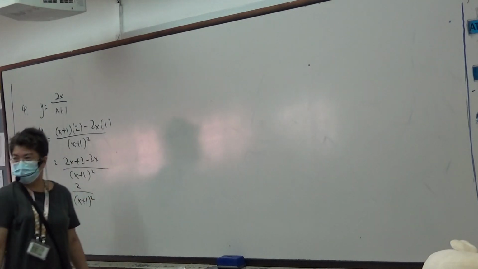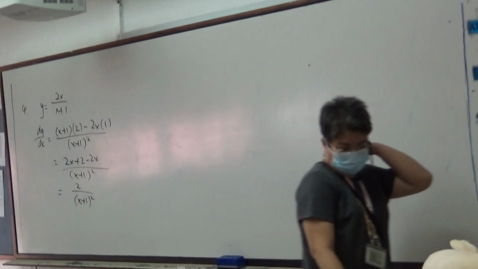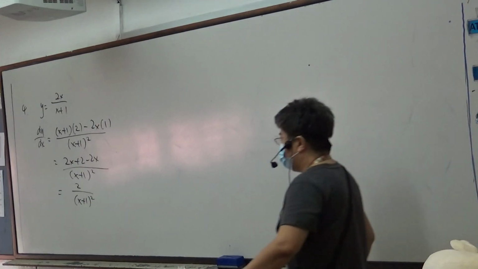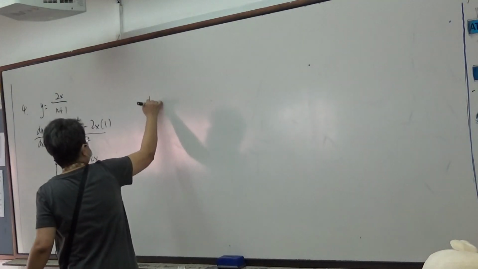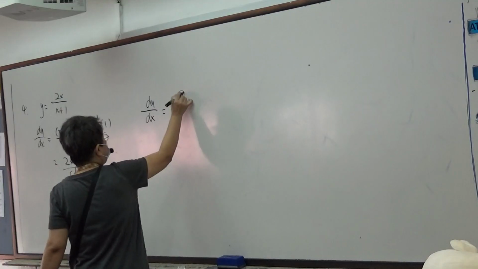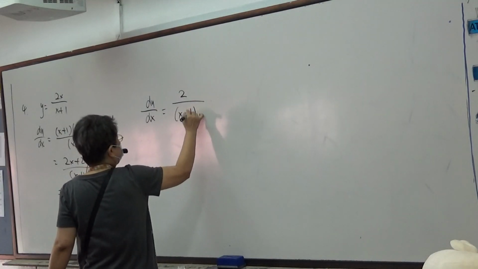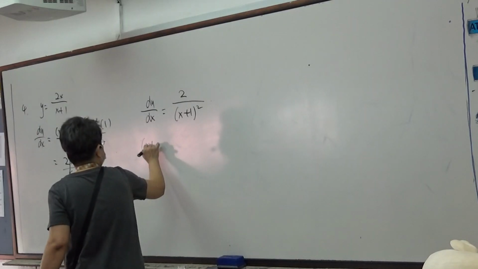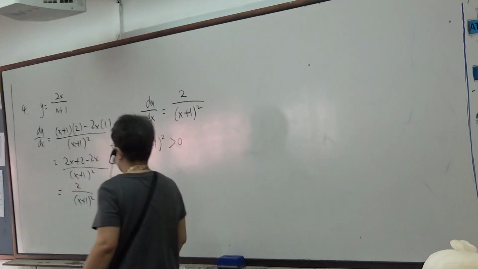Alright? What did the question say? It's an increasing function. Now, d1 x equals to 2 over x plus 1 square. Do you agree that x plus 1 square is always bigger than 0?